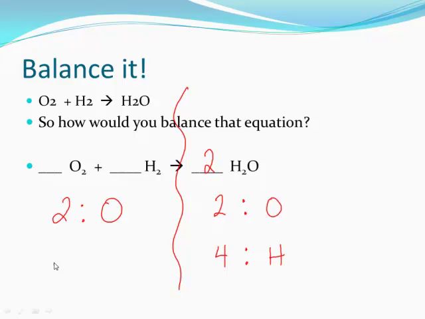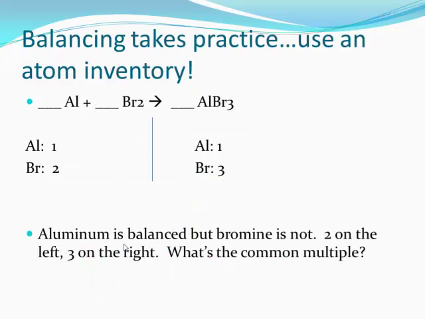But I only have 2 hydrogen atoms. Okay, I can balance this reaction by adding more hydrogen on my reactants side. Let's put another coefficient of 2 so that I double up on the hydrogen, which means that I've now balanced the entire reaction. Let's try another one.